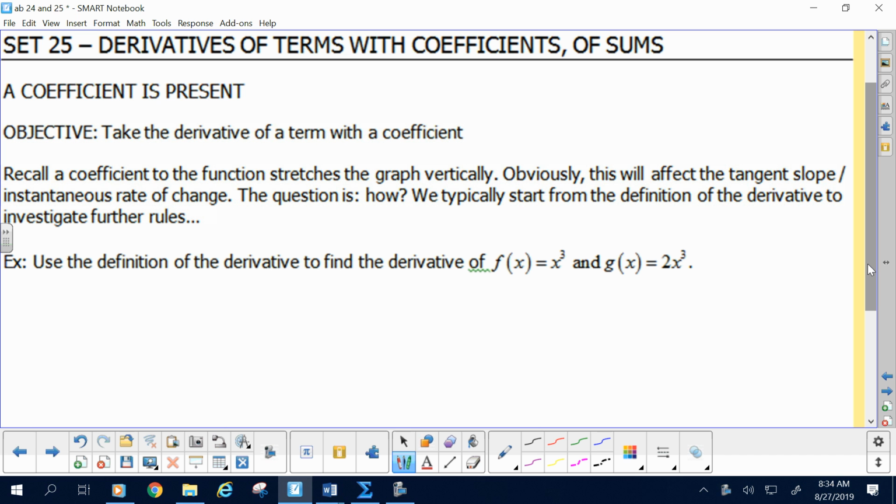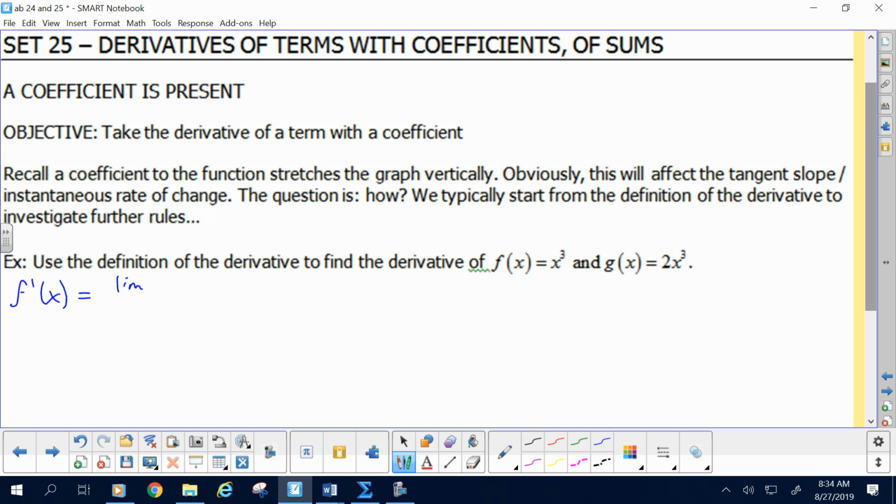Just by way of preparation for the test, use the definition of the derivative to find f prime if f is x cubed. Start with the label: f prime is, then the definition. And it's h or delta, just curious what you guys are using. I don't care which one you use.